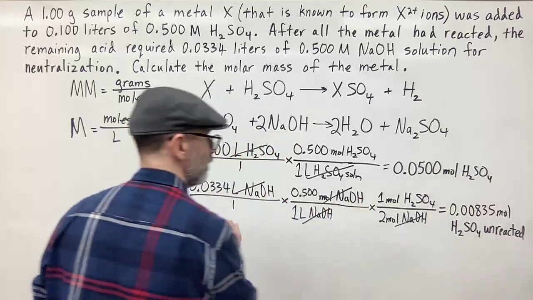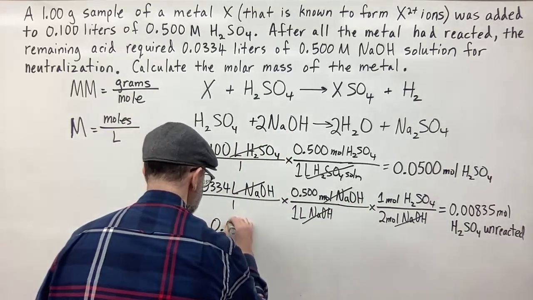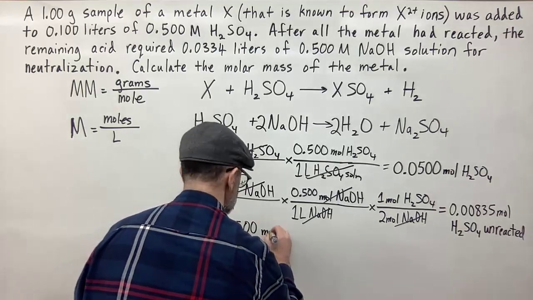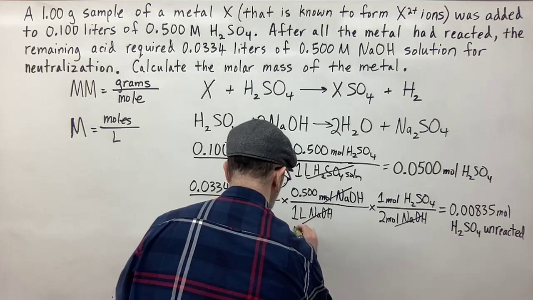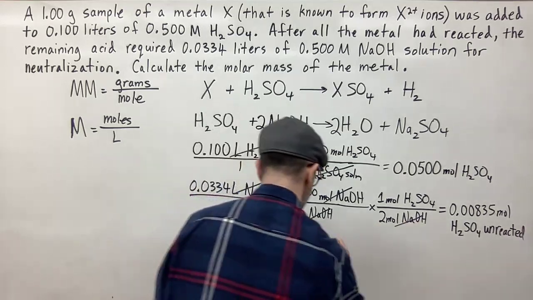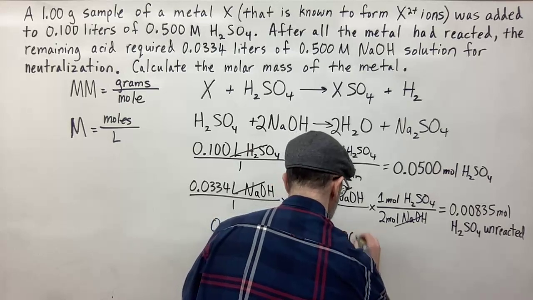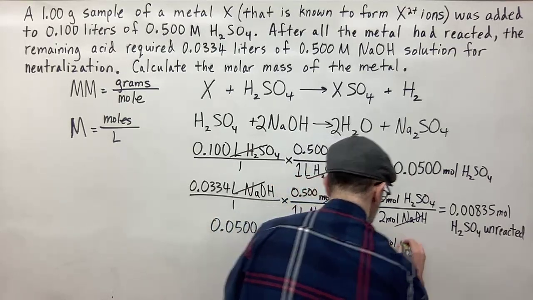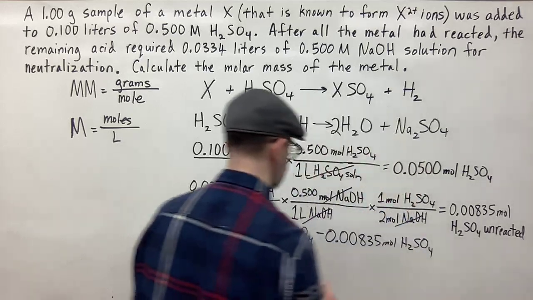So let's go ahead and do that. We have 0.0500 moles of the total H2SO4. We subtract out the leftover, the unreacted amount: 0.00835 moles of the H2SO4 that was unreacted.